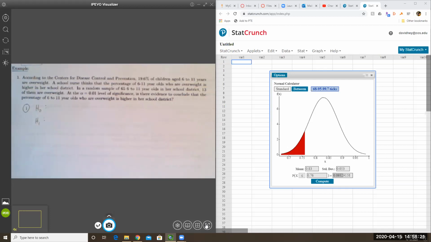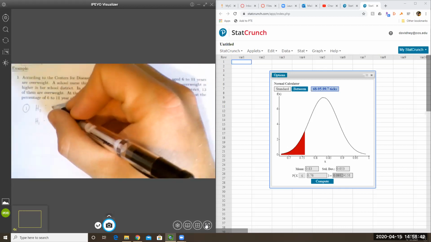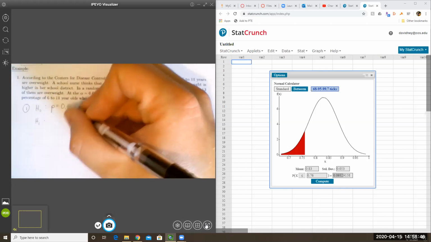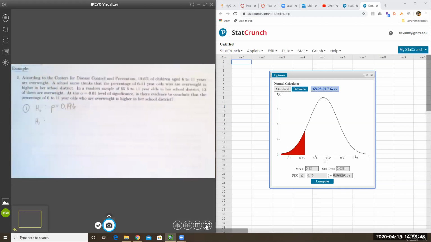So in this case, the null hypothesis would be that the same percentage of children are overweight in this nurse's school district as they are everywhere else, right? So the null hypothesis is that the proportion is 0.196, just like it is everywhere else.